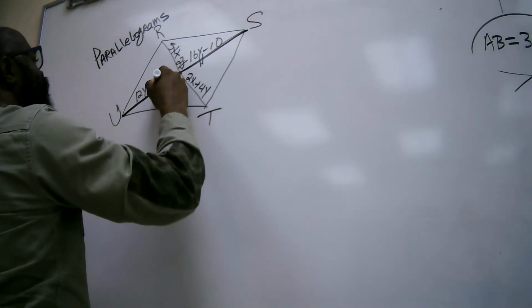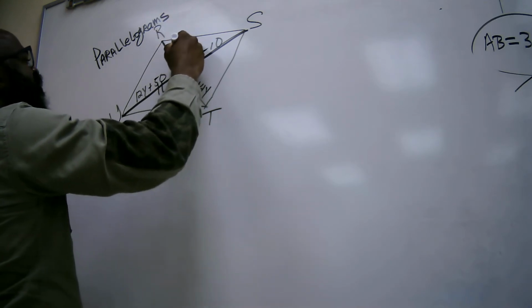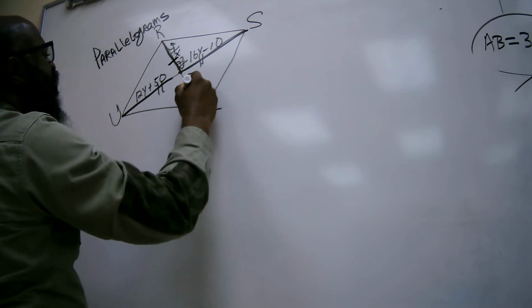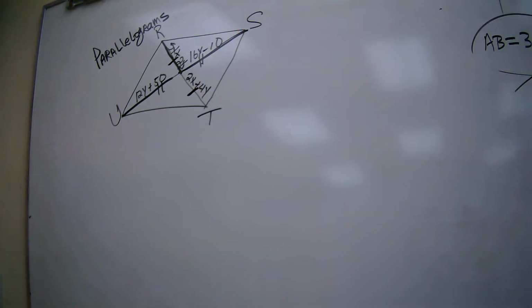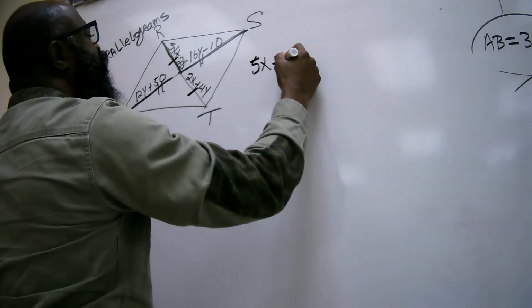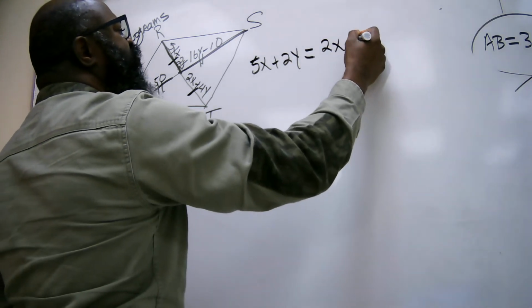This is congruent to that. And RV is congruent to YV. So let's set those equations. So I will have one of the equations with 5x plus 2y is equal to 2x plus 4y.